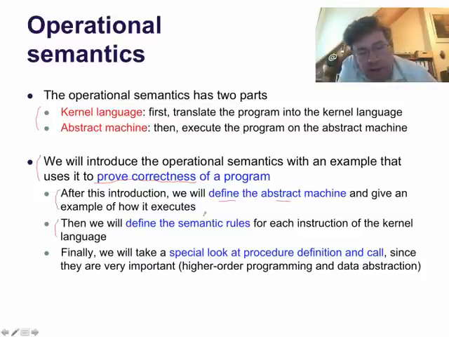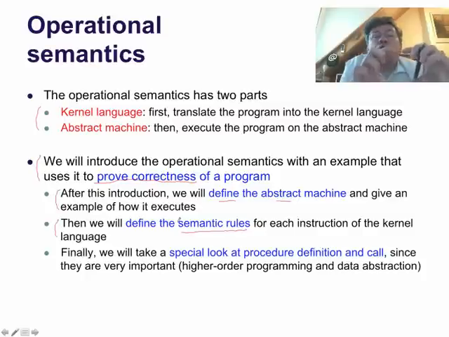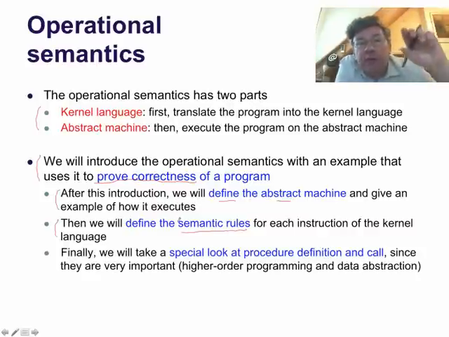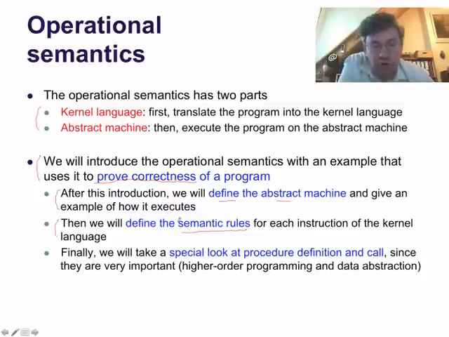And then we will define the semantic rules. So each instruction in the kernel language has a rule, a small definition of exactly how it works in the abstract machine. So basically, you have to have one semantic rule for each instruction in the kernel language. So we're going to look at that.